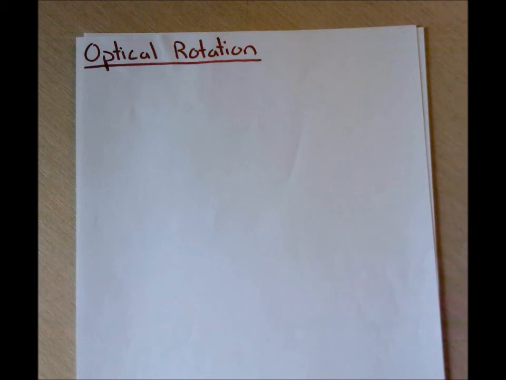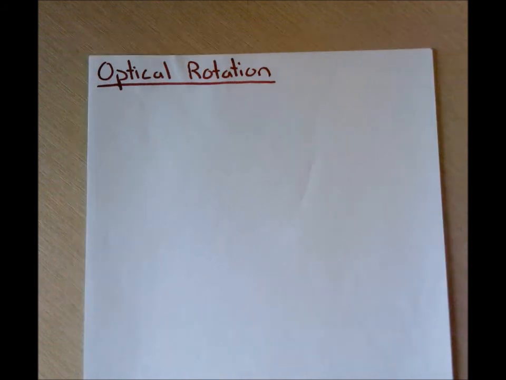So optical rotation occurs when polarized light passes through a solution containing an optical isomer and the plane of polarization is rotated.